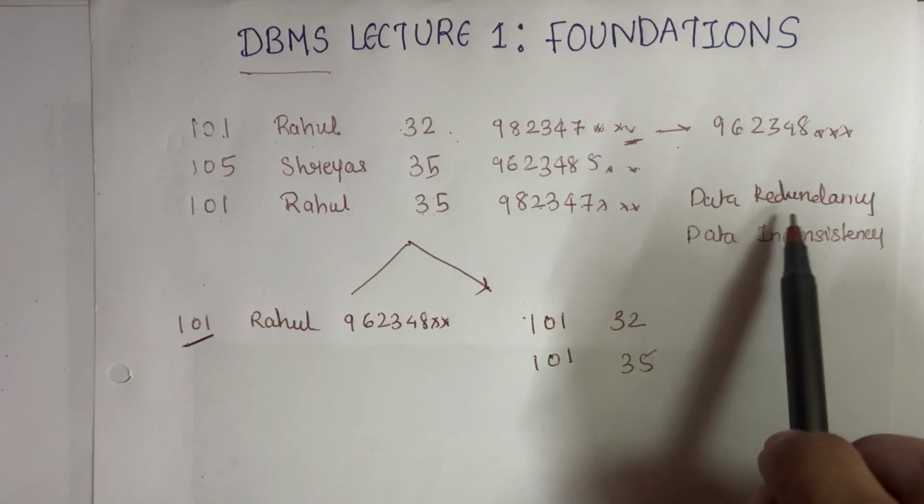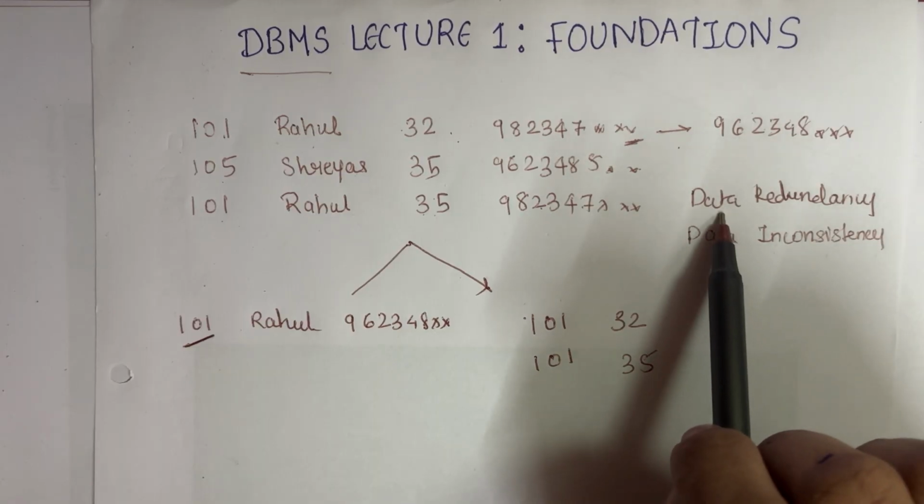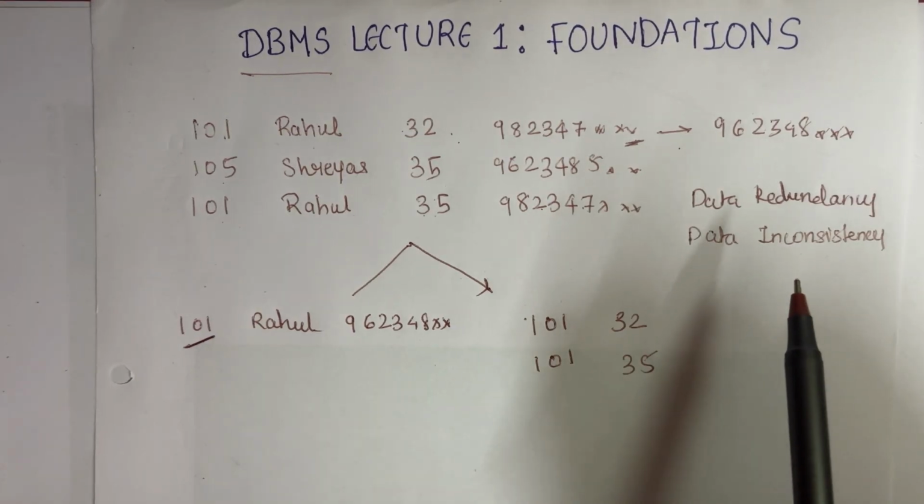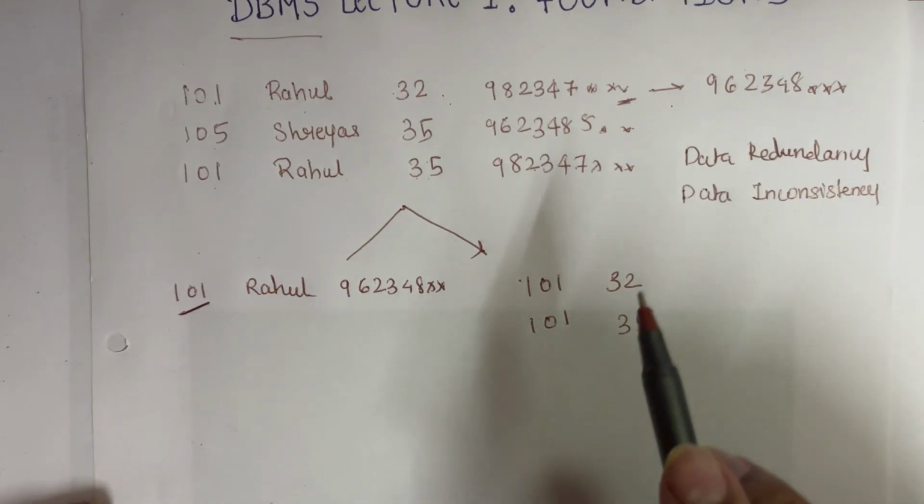Moving forward, as given, data had two types of problems, data redundancy and data inconsistency, that the DBMS covers them all. DBMS has four pillars.